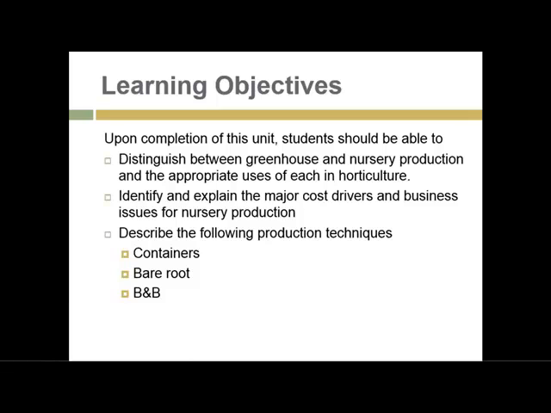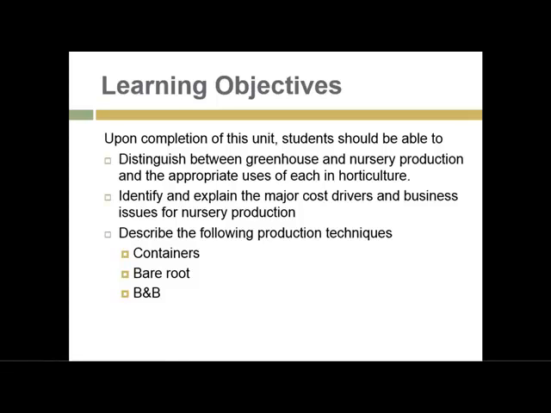So your learning objectives are to be able to distinguish between the two methods of production and the appropriate uses of each. Again, recognizing that the distinction in the nursery industry is not all that clear. And you should be able to identify the major cost drivers and business issues for nursery production.